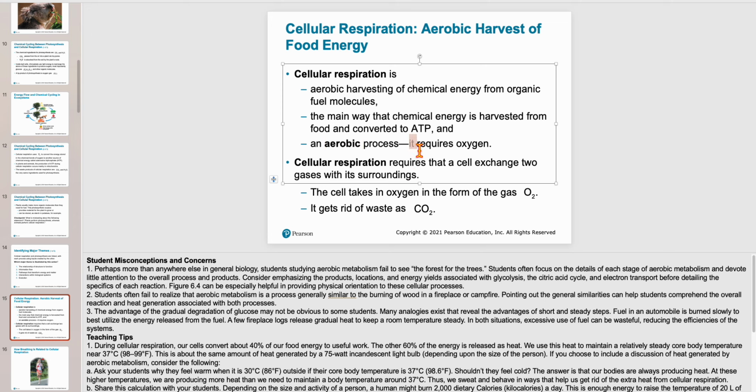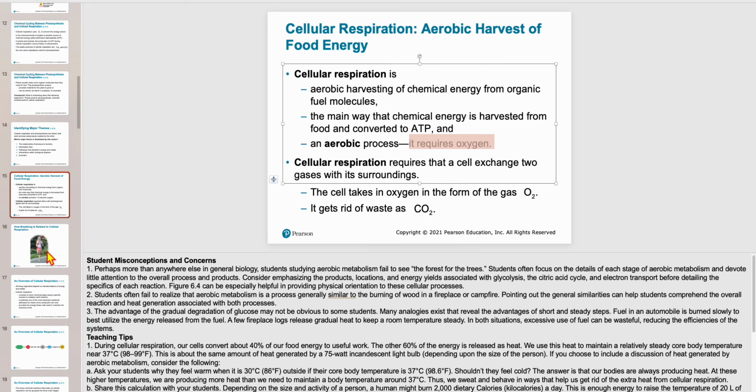Cell respiration implies oxygen is present. And it turns out that oxygen is very important to us because it does something inside of the cell that we're going to see later in this chapter. And then, of course, what is the waste product? Carbon dioxide is the waste product.